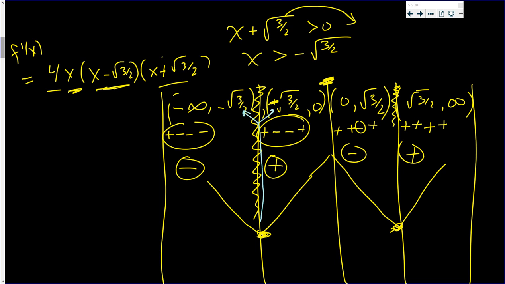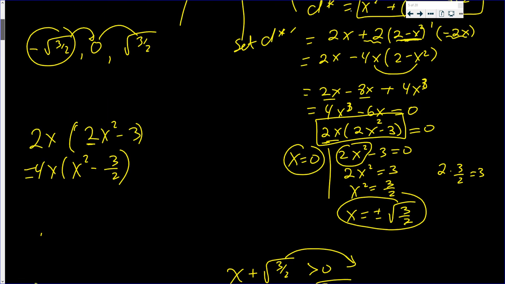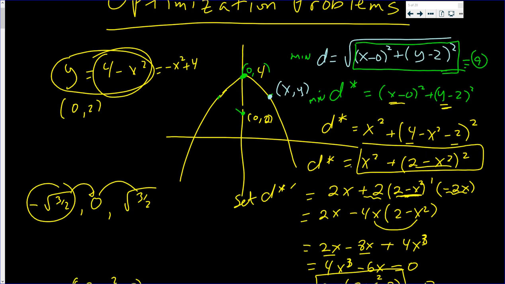It's at negative square root of 3/2. Where's the min over here? Just go up and look. It's at positive the square root of 3/2. So now I know my answer. It's going to be when x is negative radical 3/2 and when x is positive radical 3/2.